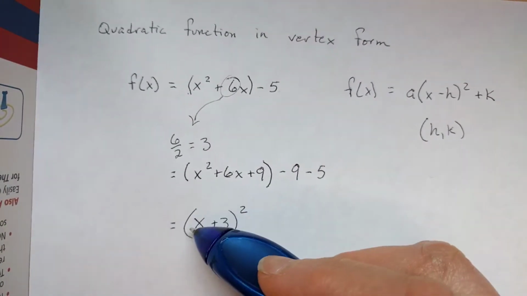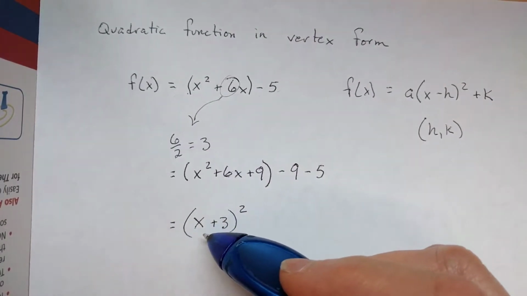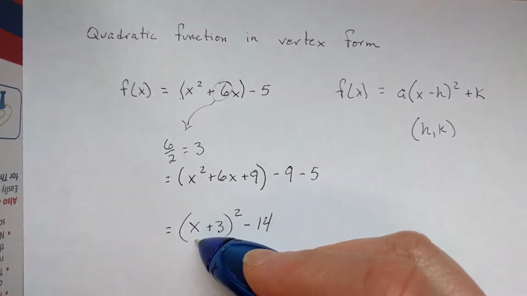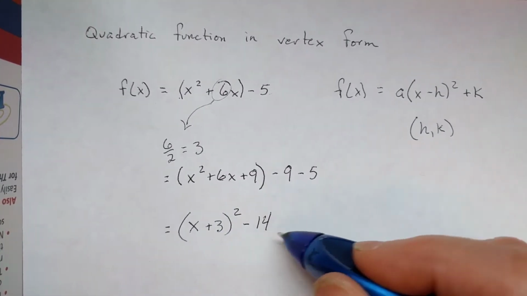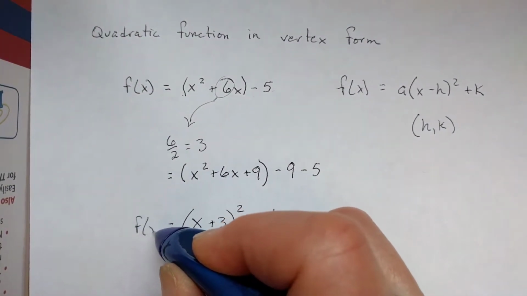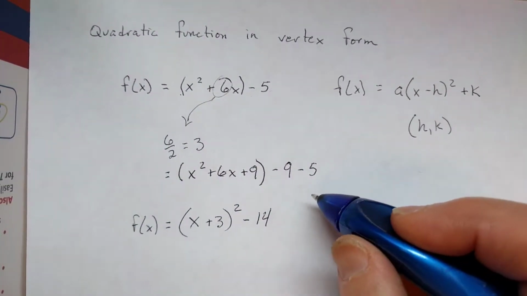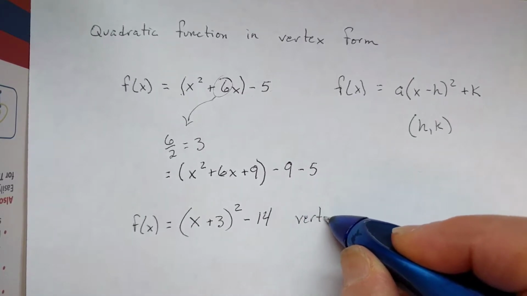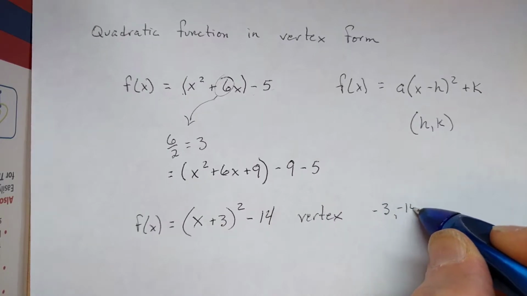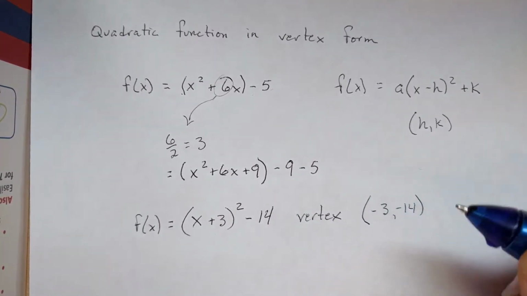This will give me the quantity x plus 3 squared minus 14. This is my f of x. My vertex is then the point negative 3, negative 14.